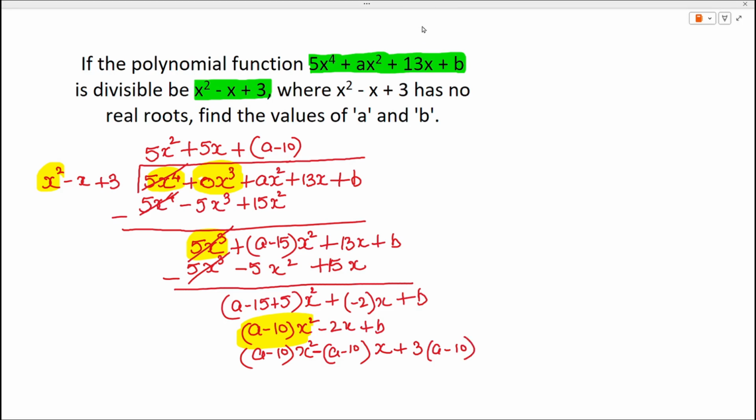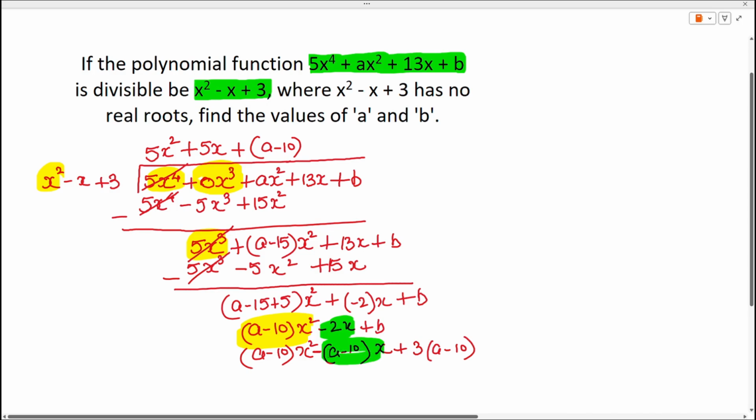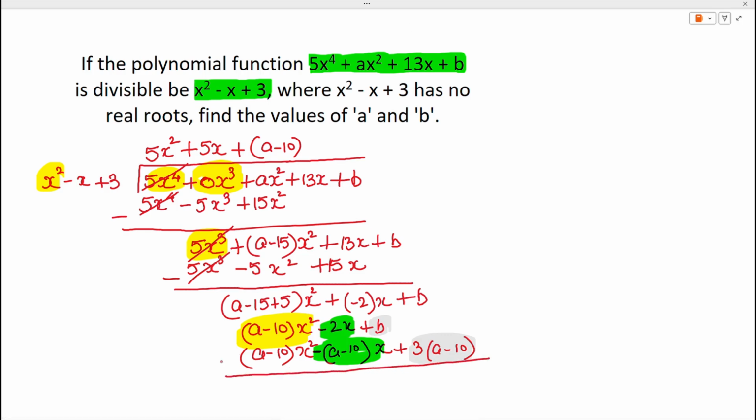Now we just need to keep in mind that these two terms are with the variable x, and these two terms are just the constant. They are without the variable. So now we are going to again subtract these ones.